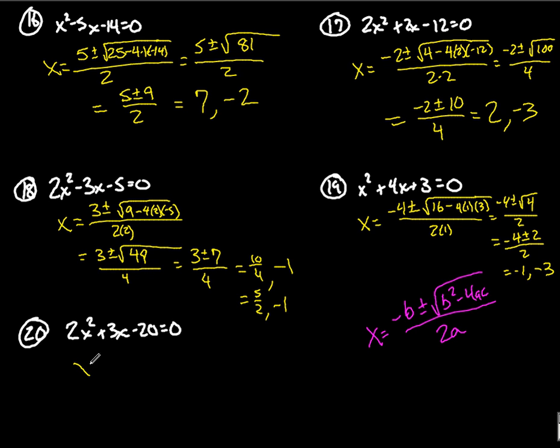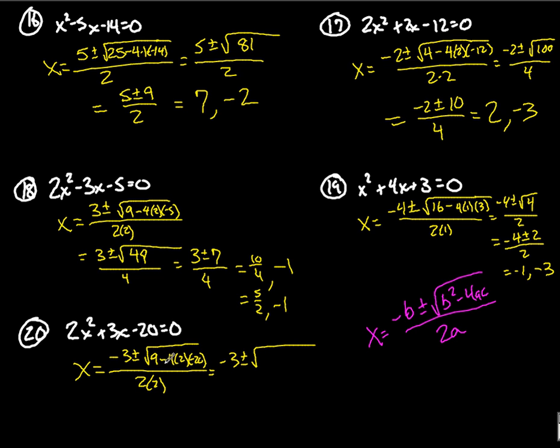And this last one, x equals negative b plus or minus the square root of b squared minus 4ac all over 2a. That means negative 3 plus or minus, simplifying the square root, 4 times 2 is 8. 8 times 20 is 160.